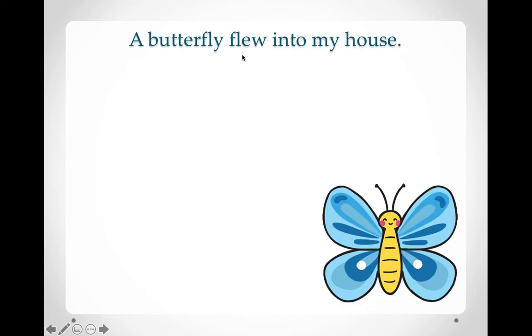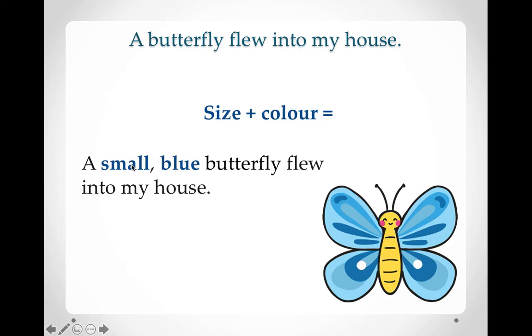A butterfly flew into my house. Now remember, we are going to use size and then color to describe this butterfly. A small blue butterfly flew into my house. Small is the size, color is blue.